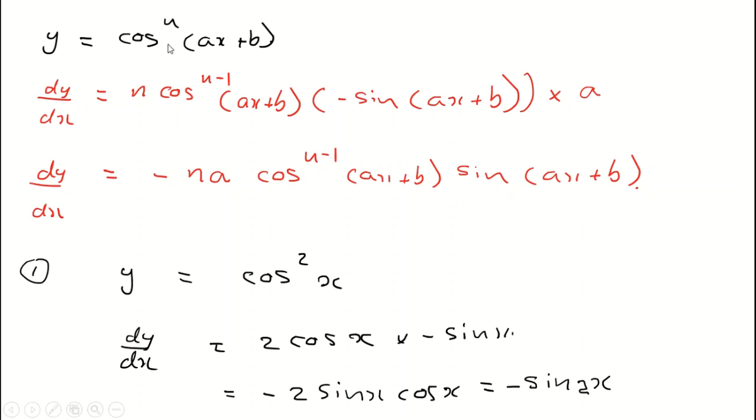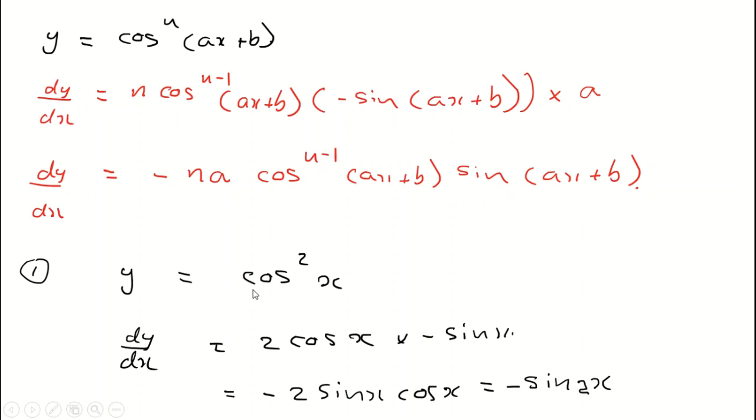Y equals cos to the power n of ax plus b. So n cos to the power n minus 1 of ax plus b. When you differentiate cos, it is minus sin of ax plus b. When you differentiate ax plus b, it is a. So it will be minus n a cos to the power n minus 1 of ax plus b, sin of ax plus b.